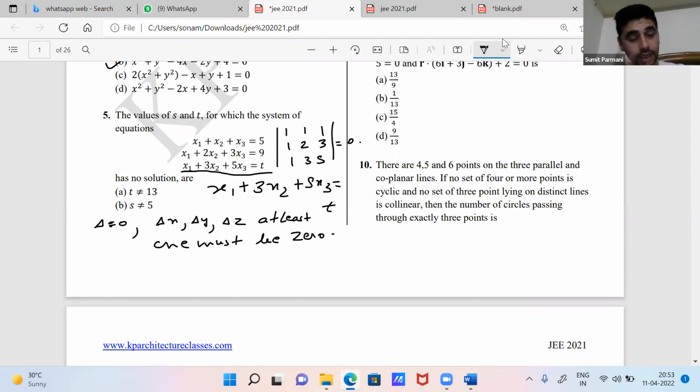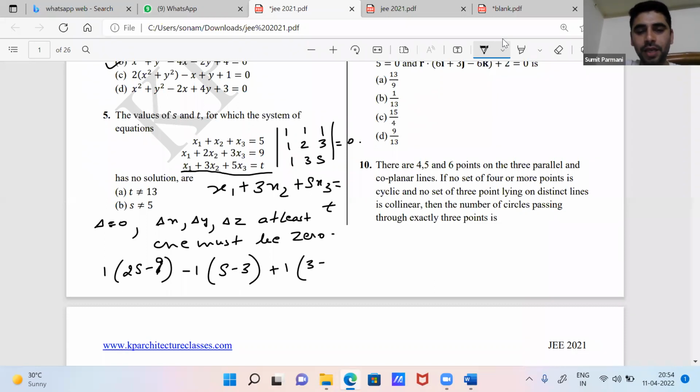Okay, I'm solving this here itself. So we have 1 times (2s minus 9), minus 1 times (s minus 3), plus 1 times (3 minus 2), and this is equal to 0. Okay, so overall we have 2s minus 9 minus s plus 3 plus 1 is equal to 0.